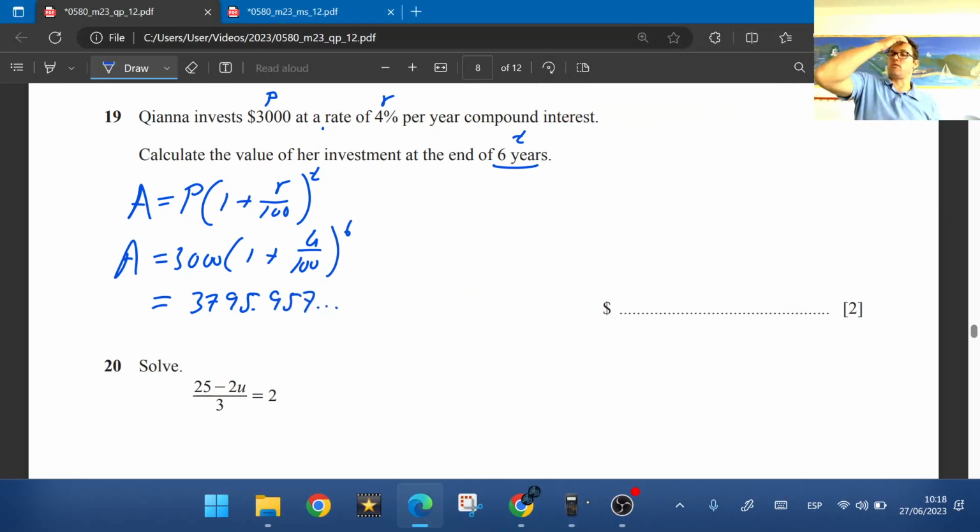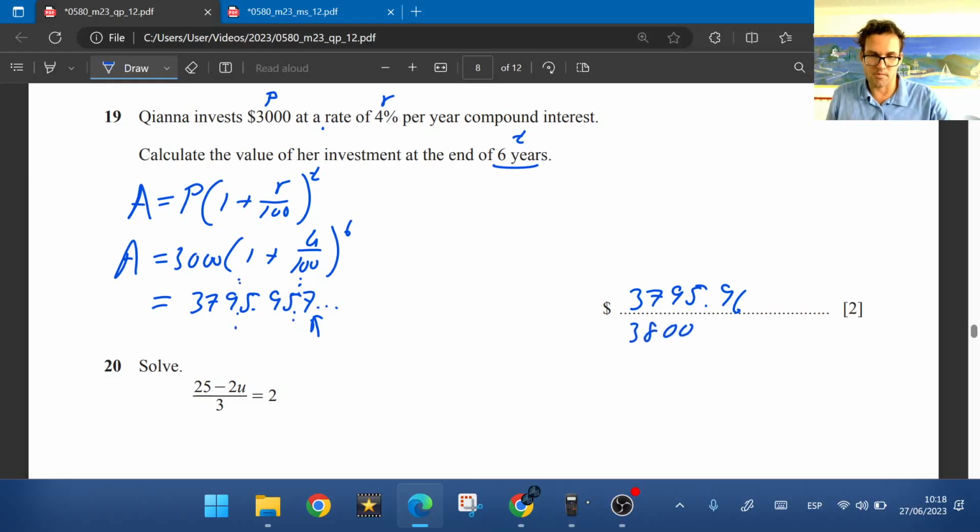Now, how are you going to round this? 3 significant figures? Well, it's money, so I like to round it to 3795 point, you see there's a 7, so that 5 becomes a 6. But because we're rounding everything to 3 significant figures, you can also cut it off there, 3800.